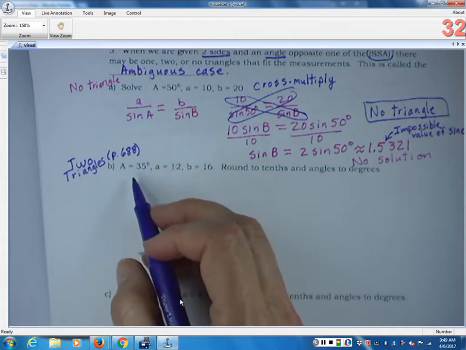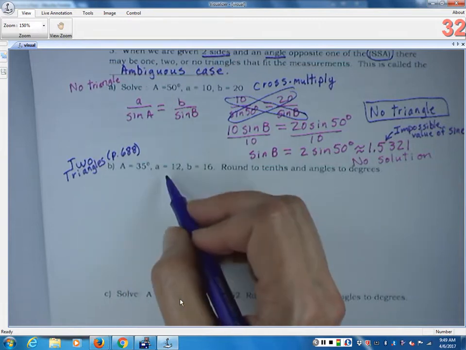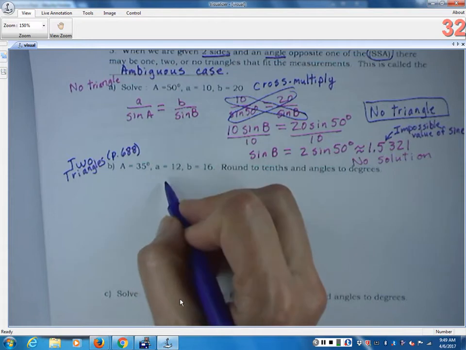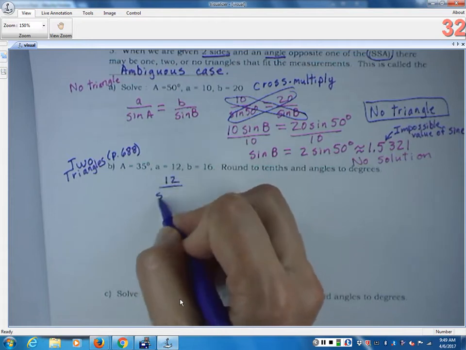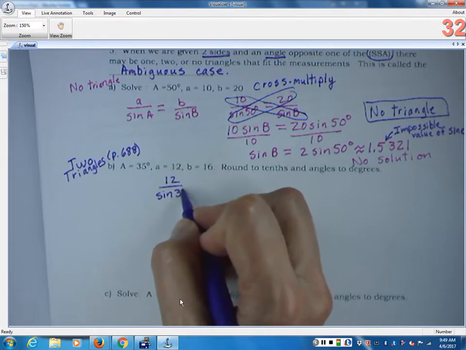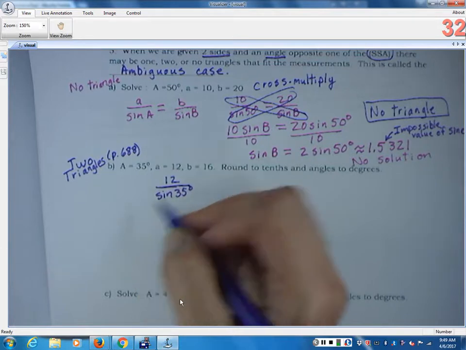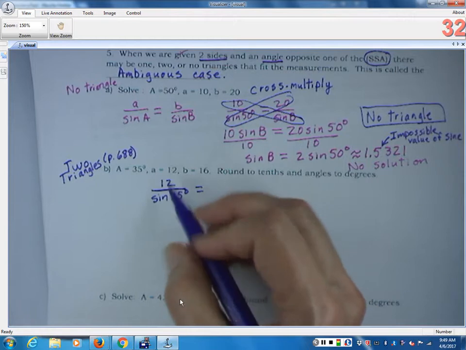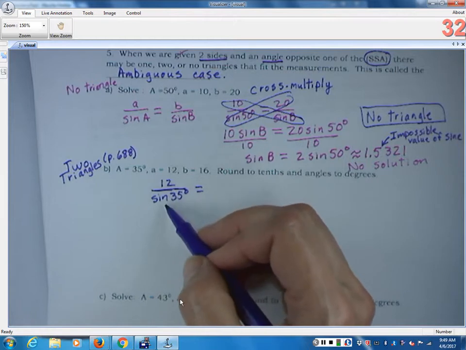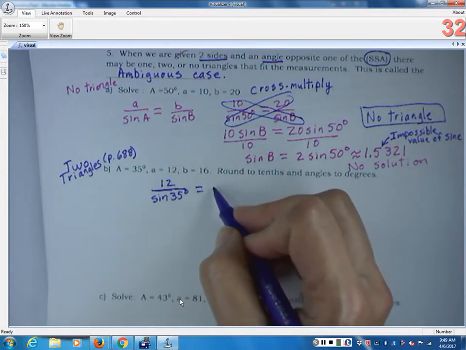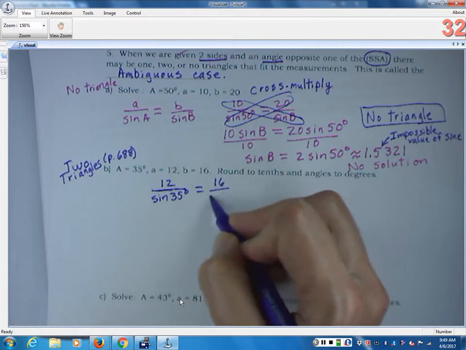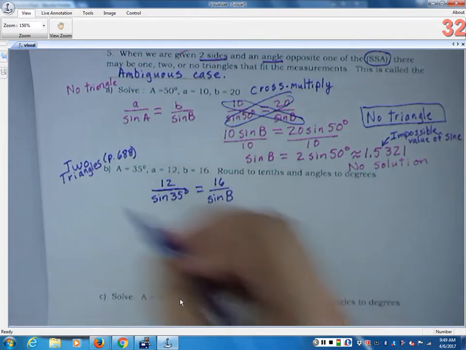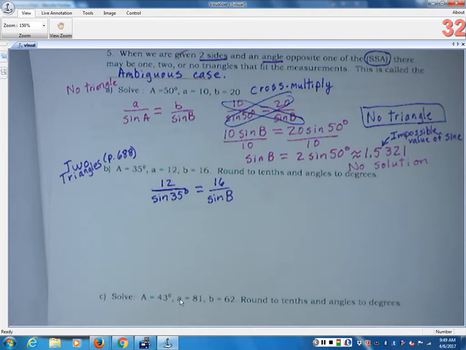So on this one, the known side is 12 over sine of 35 degrees. And that equals B over sine B. So we're going to solve this and find B. I'm going to cross multiply.